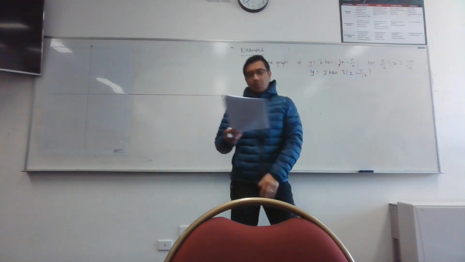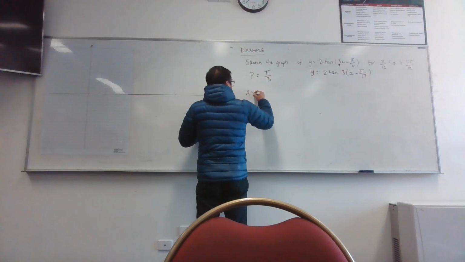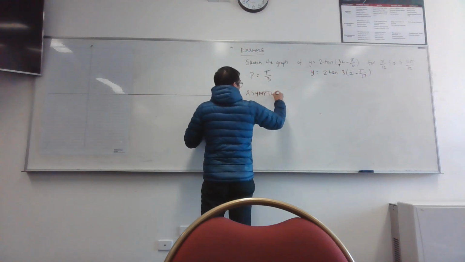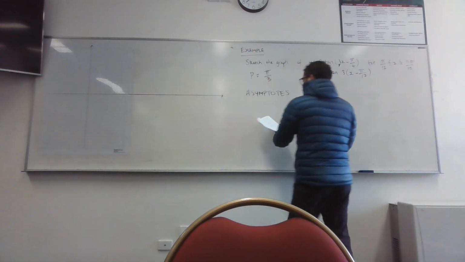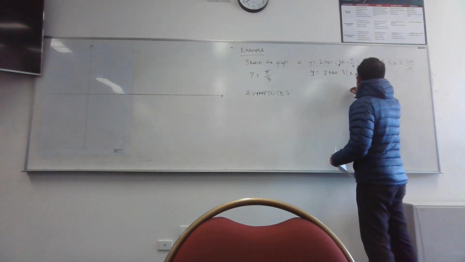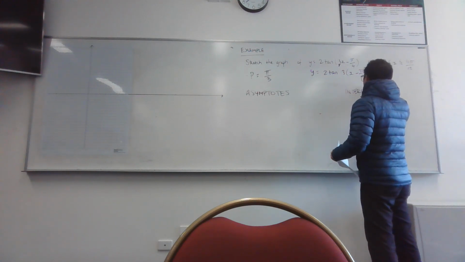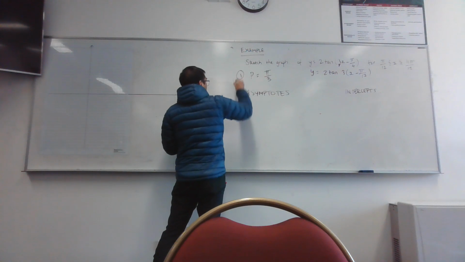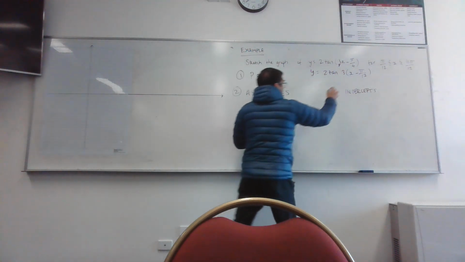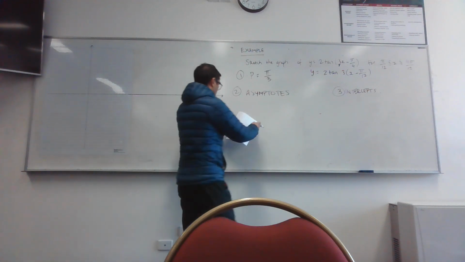Okay, so as we do that, that's something to think about. Once again, you've got to play around with your asymptotes and intercepts. So 3 things for tan: period, asymptotes, intercepts. They're the 3 things to do.